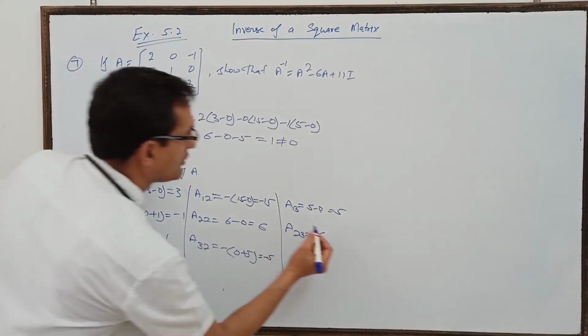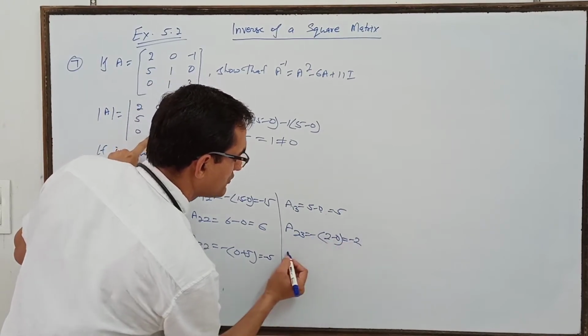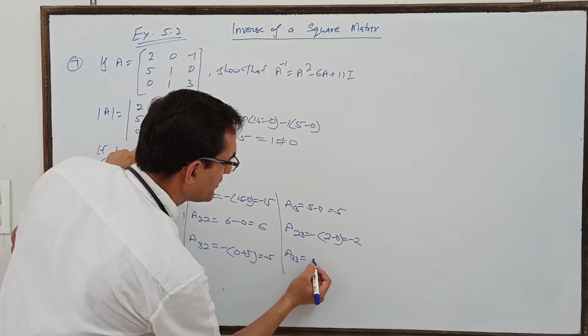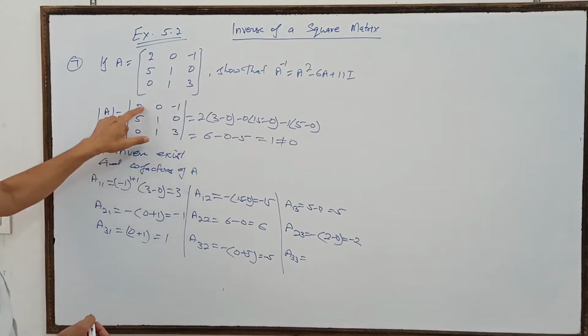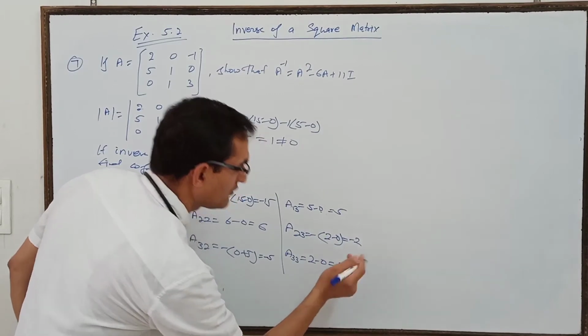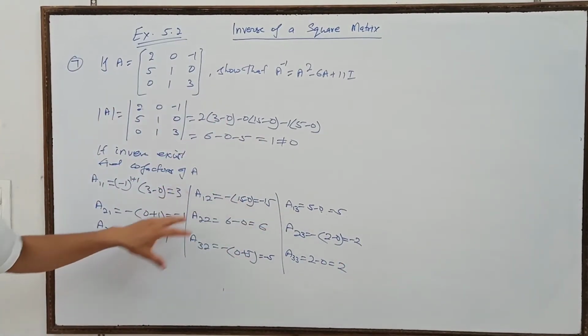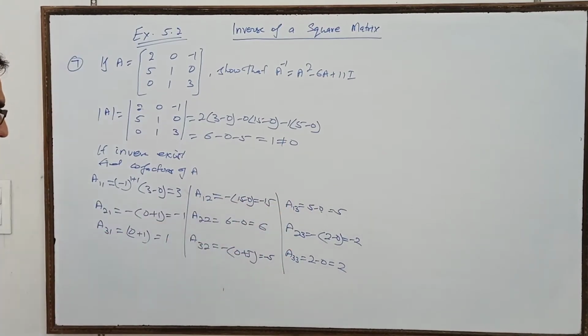So 2 into 1, 2 minus 0, so this is minus 2. And A33 sign will be positive, so the cofactor of this one is 2 minus 0, that is equal to 2. Okay, we have got the cofactors of each element.